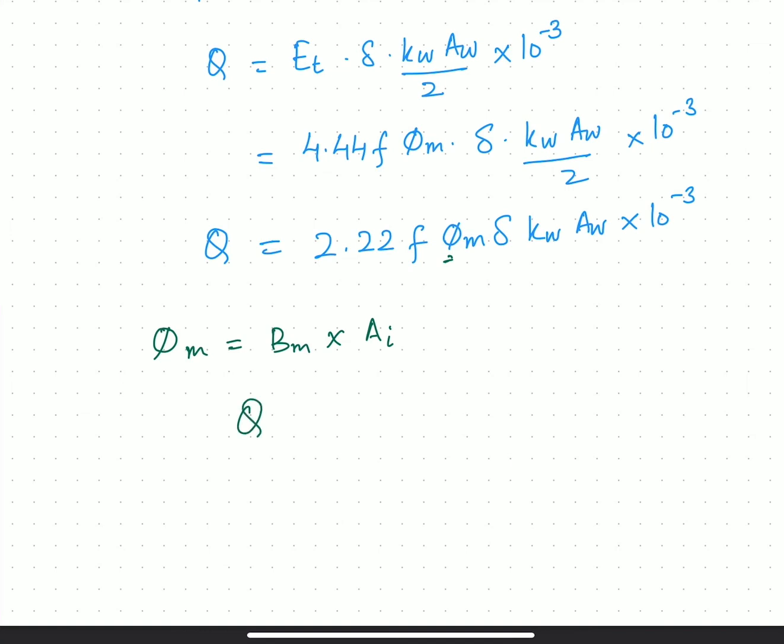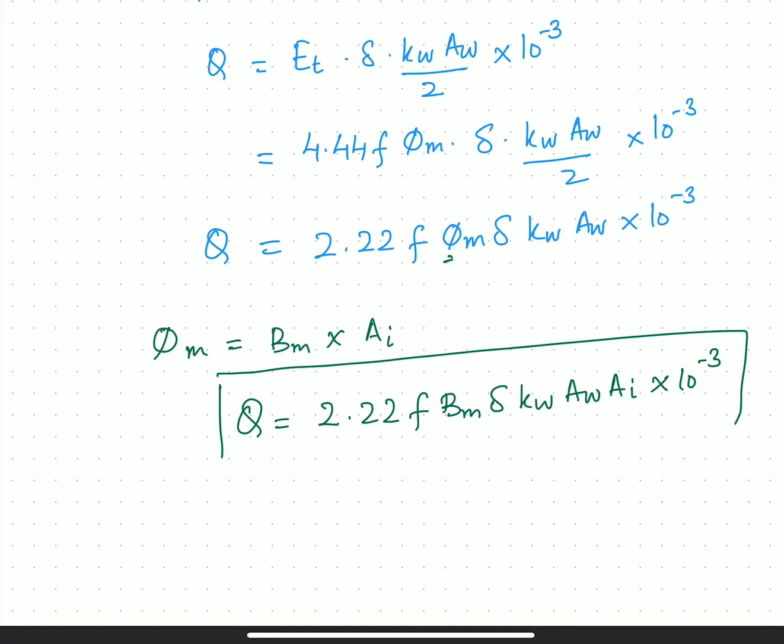So lastly, in conclusion, the output of the transformer comes out to be 2.22 F BM delta kW AW AI into 10 to the power minus 3. So this is the output equation.